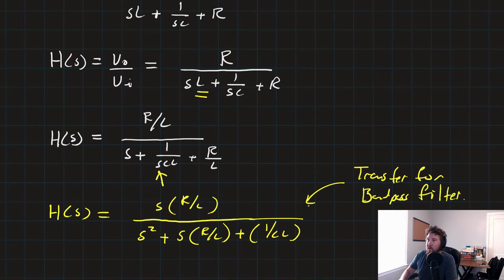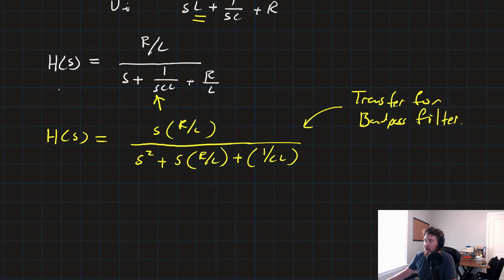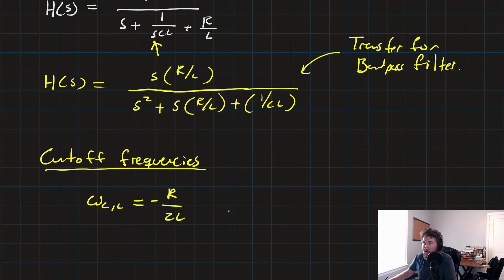There are a few parameters that we need to outline when we want to design it. For our bandpass, remember, it's all about those cutoff frequencies. The one on the bottom, which we'll call omega C low, is equal to minus R over 2L, and omega C high is equal to positive R over 2L.